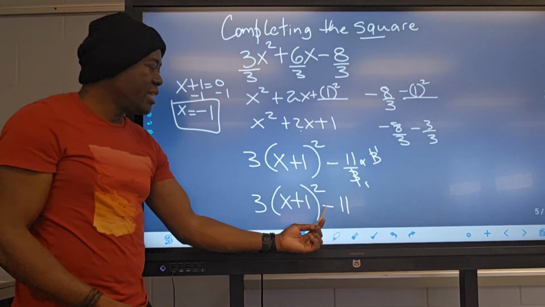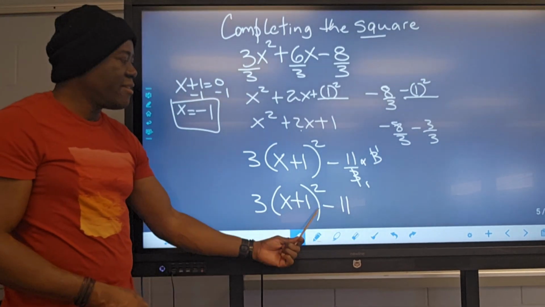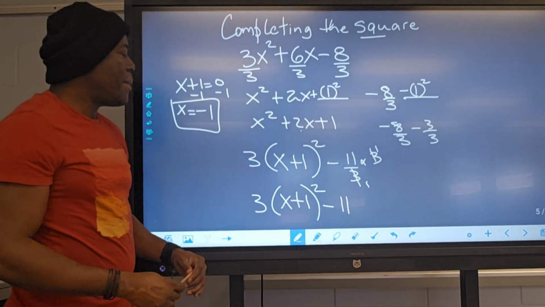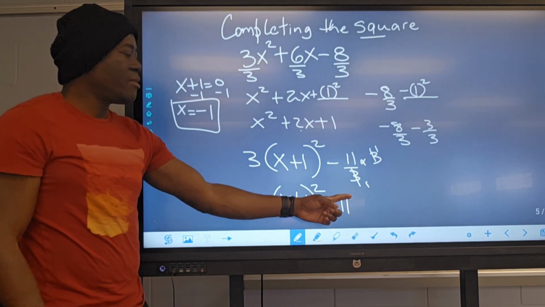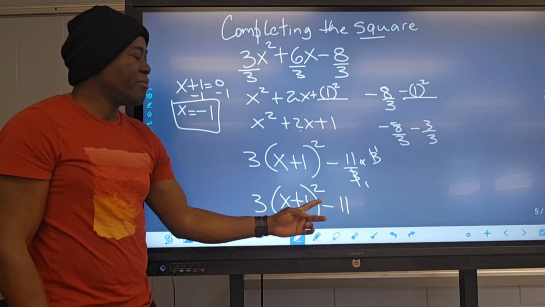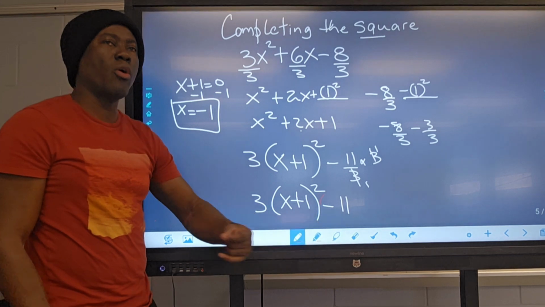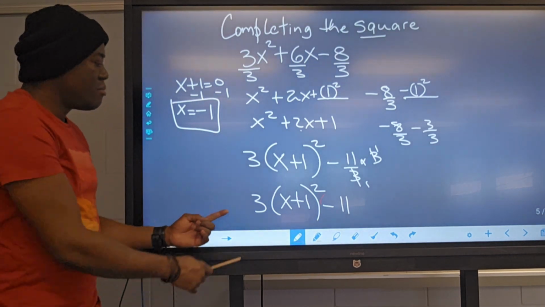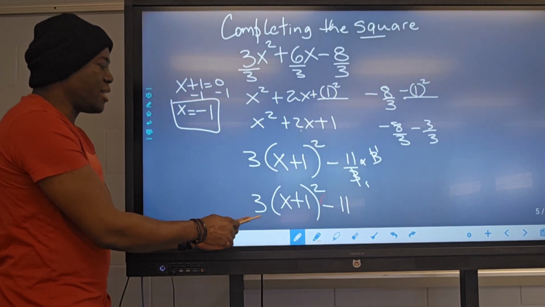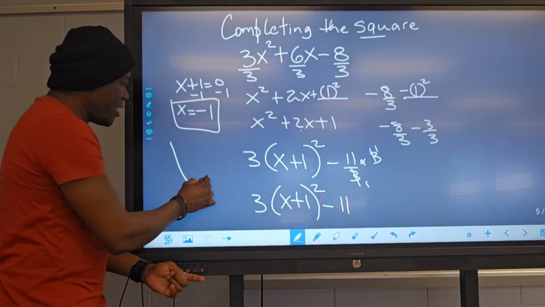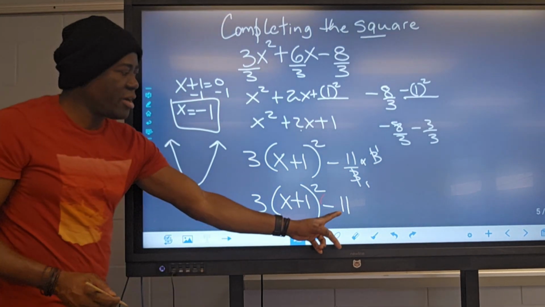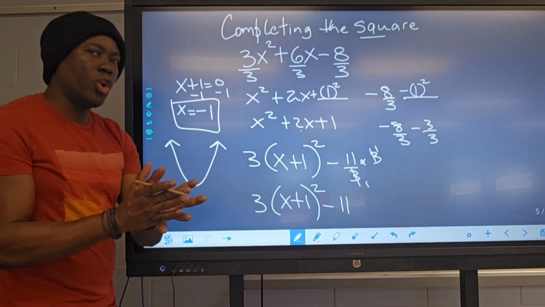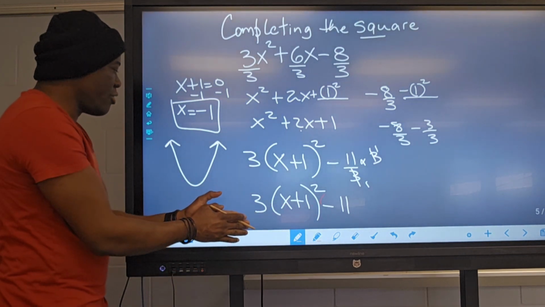Now, what is this negative 11 here? This is going to be my minimum point, right? Because this number here only speaks to the maximum or the minimum. And in this case, because my a value is positive, I'm going to have a curve that looks like this. It smiles like this. So this number here, negative 11, is my lowest point on this curve.